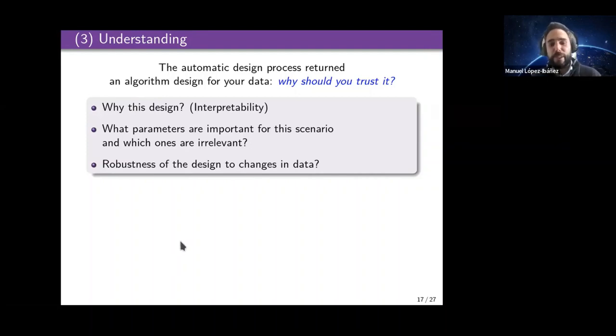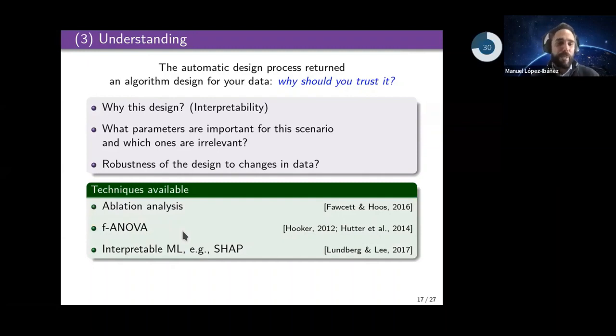So these are questions about the explainability or the interpretability of the designs generated by the system. And there are some techniques available. There are some techniques taken from interpretable ML, from explainable AI that can be applied to this field. But I think there is still much more that can be done to add to the explainability.